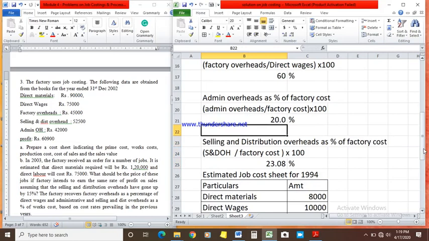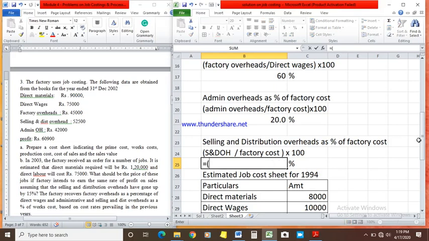Now selling and distribution overhead is given as selling and distribution overhead divided by factory cost into 100. First let's calculate the present percentage recovery of selling and distribution overhead, then we'll add up 15% more.